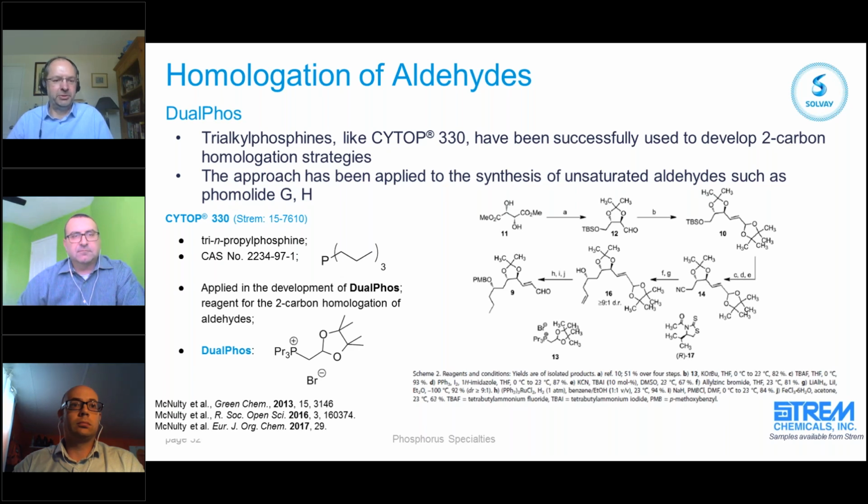So the phosphonium salt shown in the bottom left here was developed by one of our academic collaborators, Jim McNulty at McMaster University. So using our tri-isopropylphosphine, he manufactured this phosphonium salt, and this is shown to enable 2-carbon homologation of aldehydes to latent alkanals.